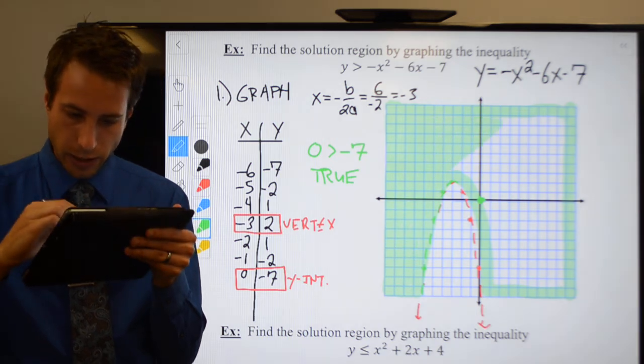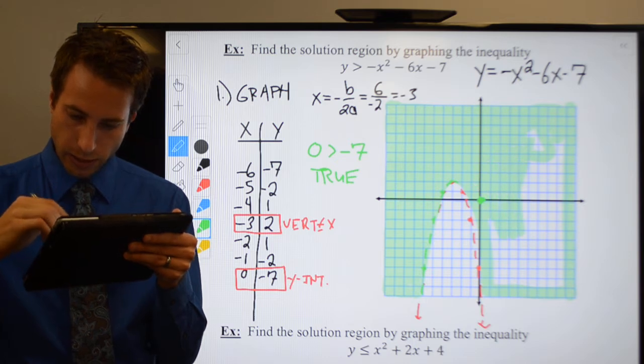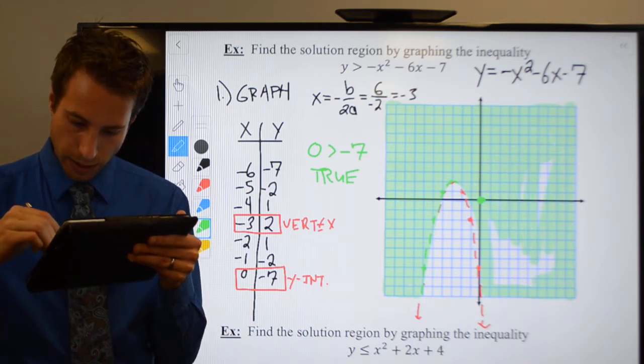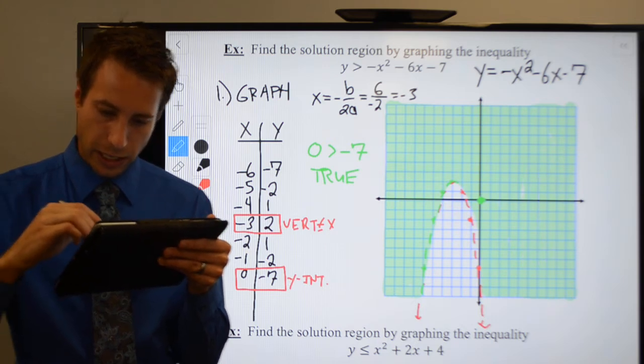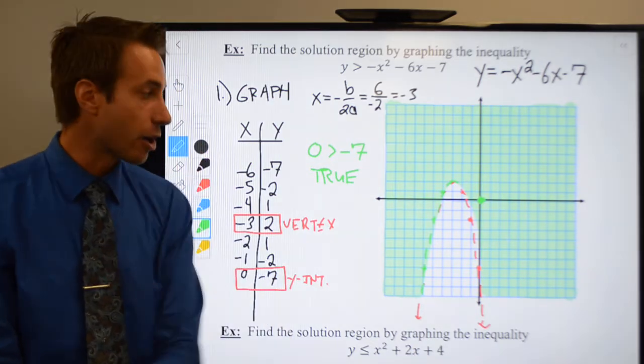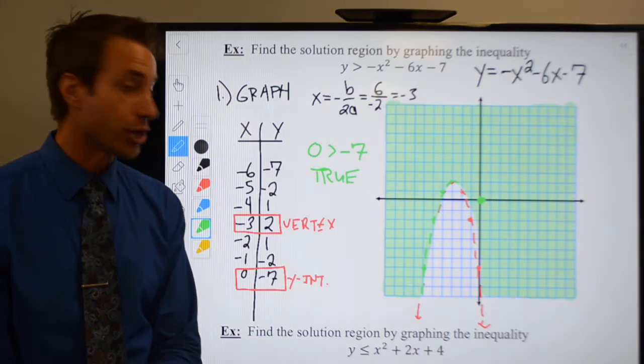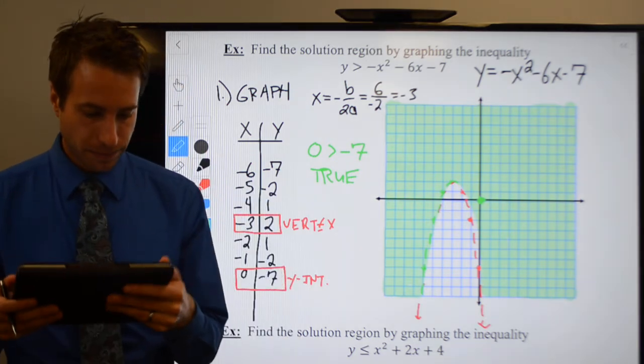Shade, shade, shade. Just keep shading. And there we go. So I have just solved my quadratic in 2 variables by graphing the quadratic and shading the solution region. Let's try another one.